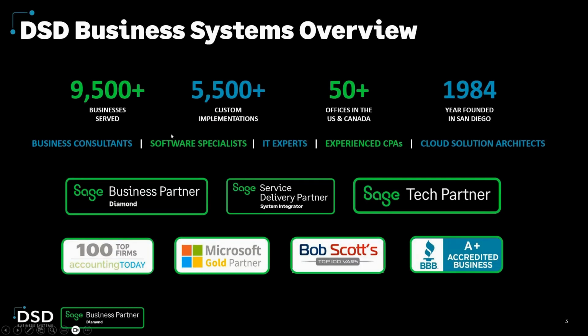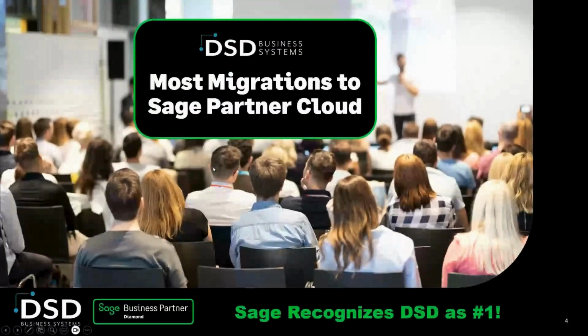We do a lot of custom enhancements. We have 5,500 custom enhancements, 50 offices across the country, and actually in Canada too. And we are well certified across the Sage channel, and we love our Sage 100.